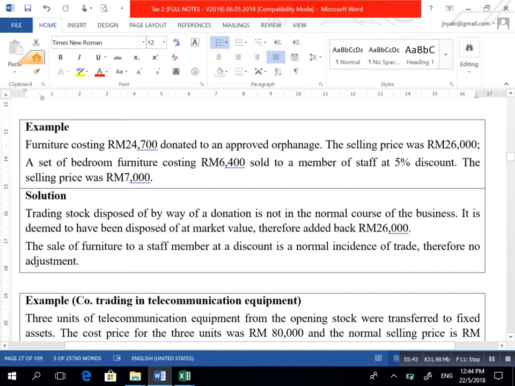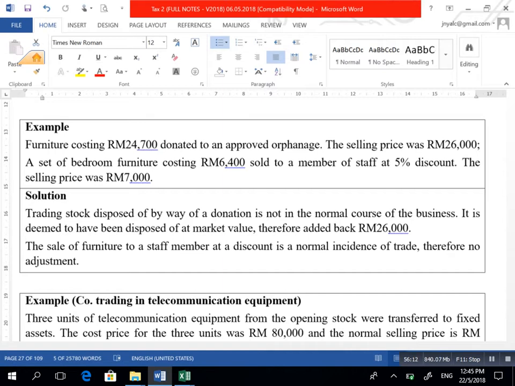But how about the other one? It's the furniture you sold to your staff at a special discount. This is not considered a withdrawal. It's a very normal situation in the business. So that's why they say the sale of the furniture to the staff member is a normal incident of the trade and therefore no adjustment is needed. Why do we normally add back the withdrawal of stock?